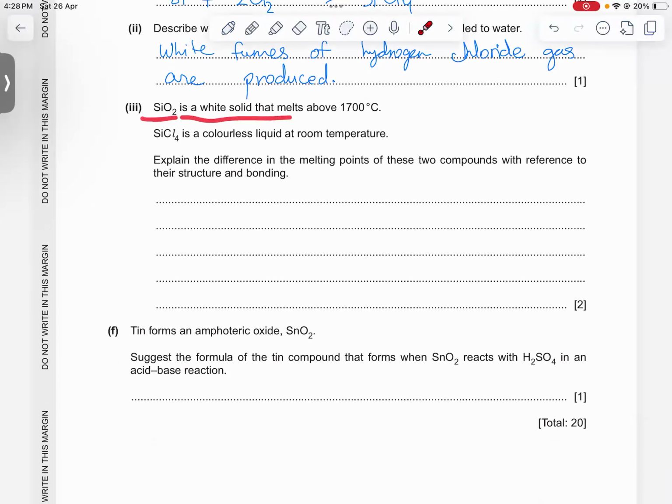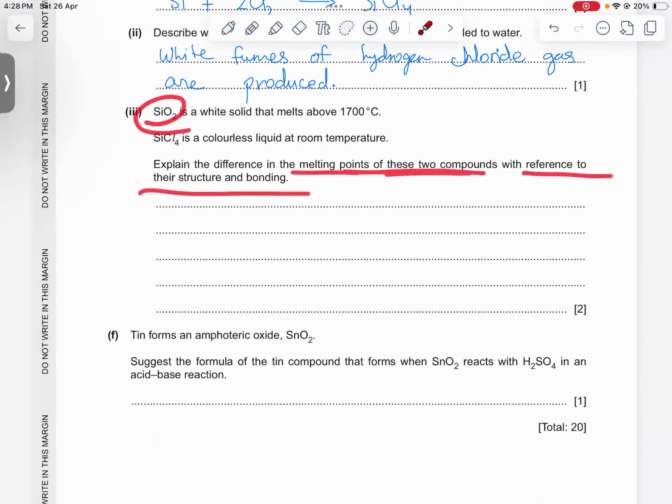SiO2 is a white solid that melts above 1700 degrees Celsius. SiCl4 is a colorless liquid at room temperature. Explain the difference in melting points of these two compounds with reference to their structure and bonding. All right, silicon dioxide has a high melting point and silicon chloride is liquid, meaning it has a low melting point.